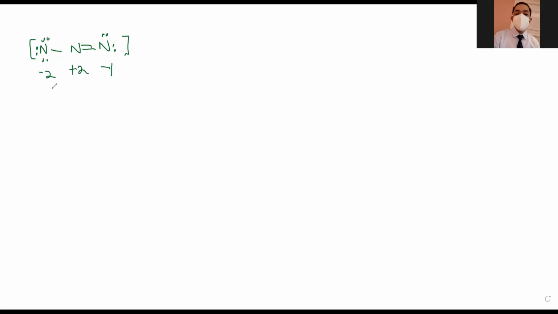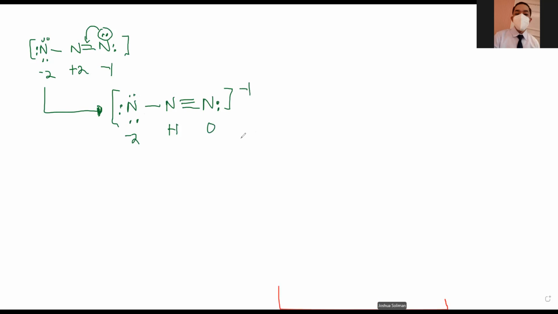So we derive the other structure by having this one. This is your drawing from earlier: N, triple bond N, then one lone pair. We know this is negative 2, this is plus 1, and this will be 0. The overall charge will be negative 1.